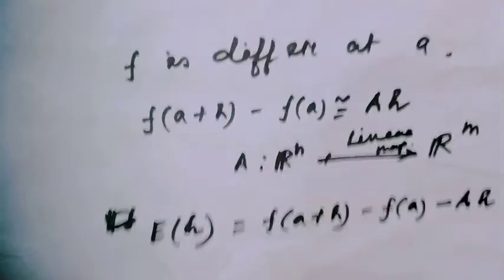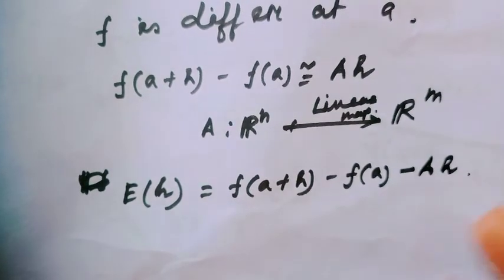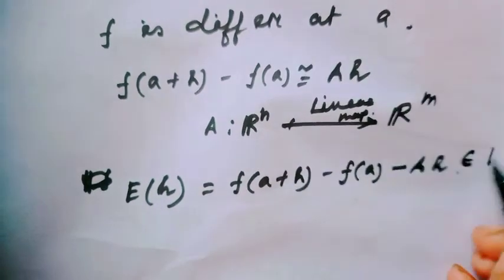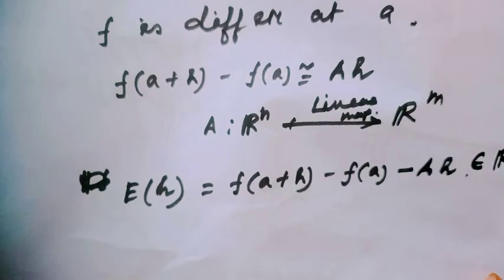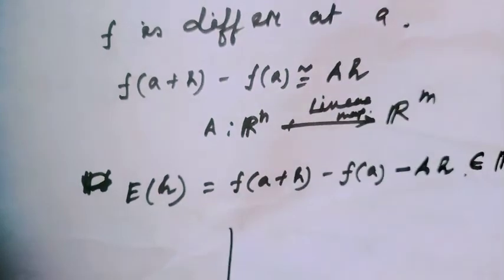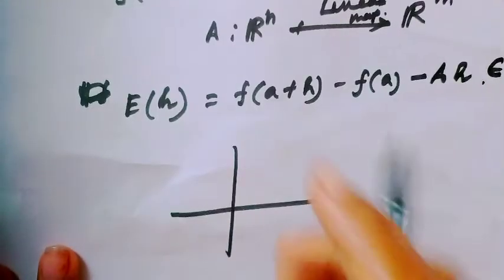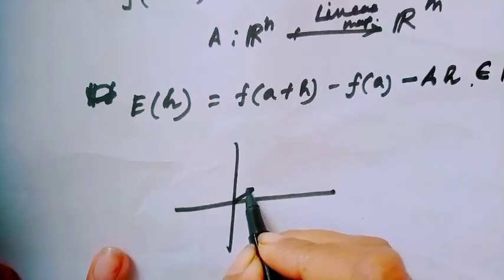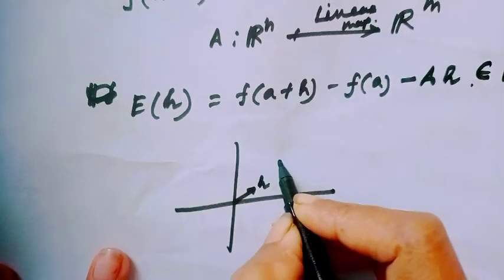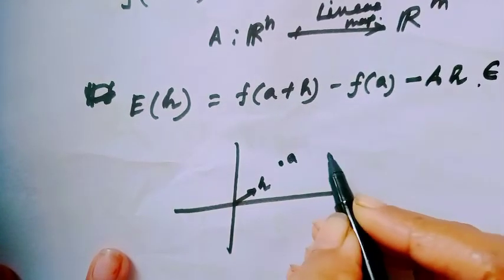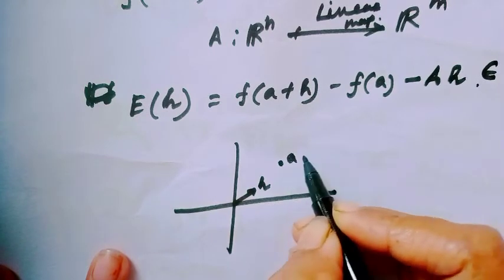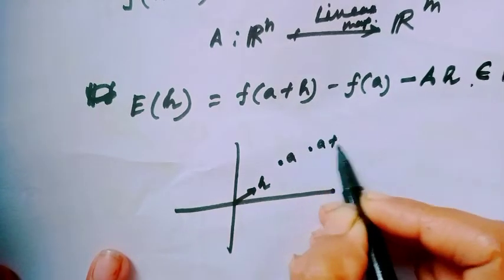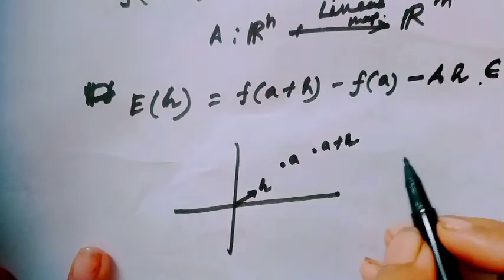Okay, and this part is always a member of Rm. If we draw the picture, notice this is h and this point is a, consider, then this point would be a plus h here.